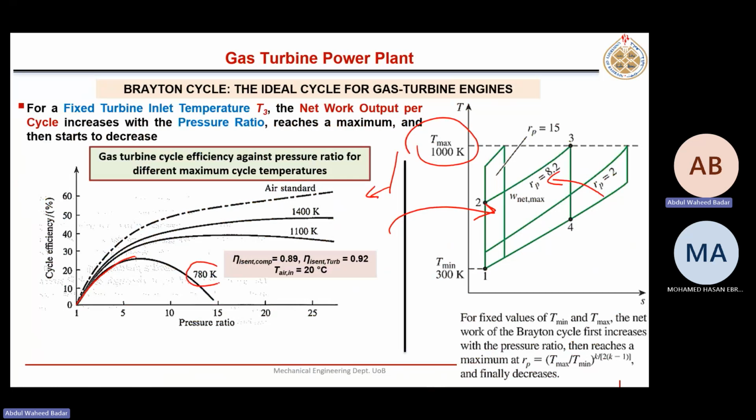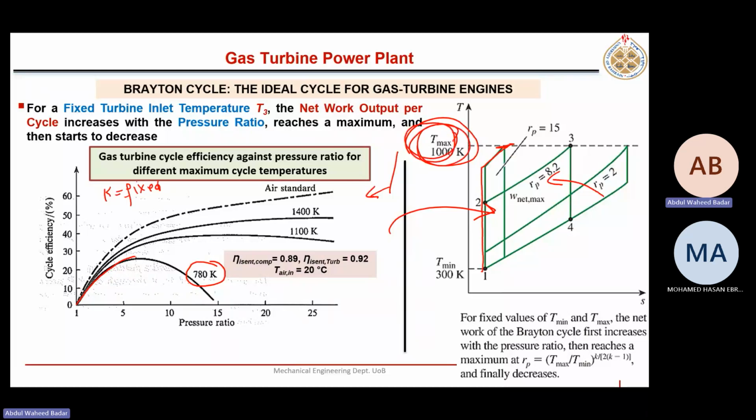If maximum temperature is 780 Kelvin, if you fix T3 to 780 Kelvin. No, K is fixed. Yeah, K is fixed, only increasing pressure ratio by keeping T3 fixed.